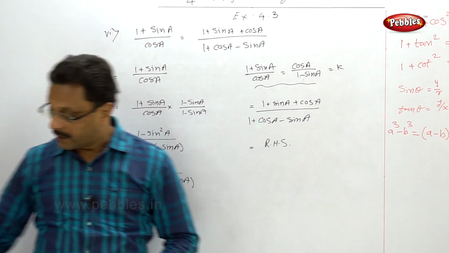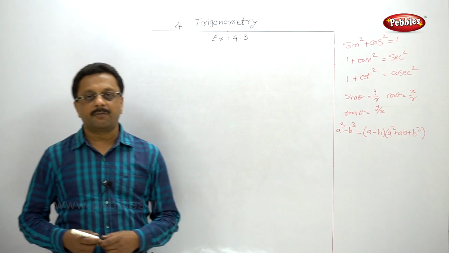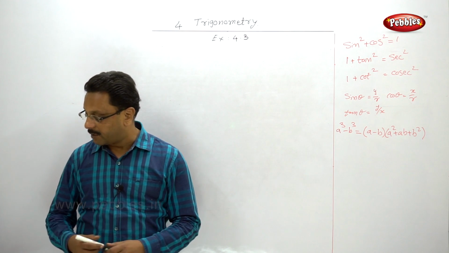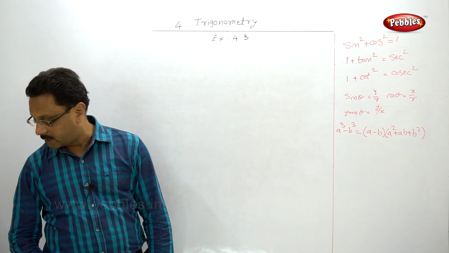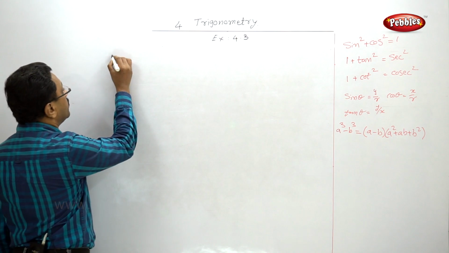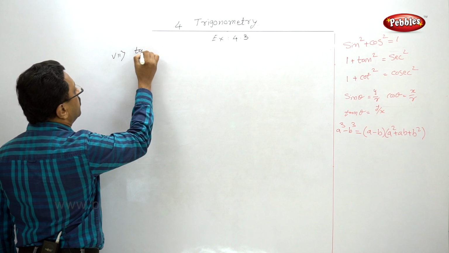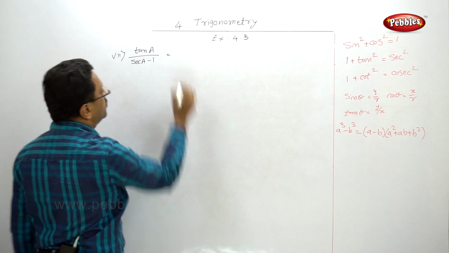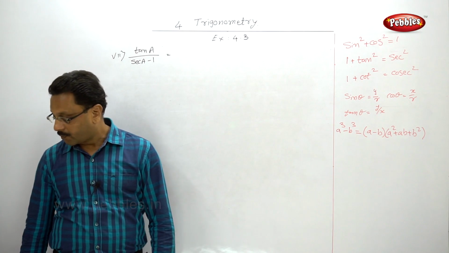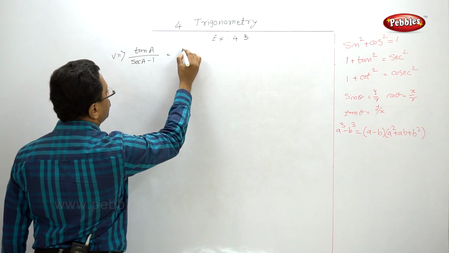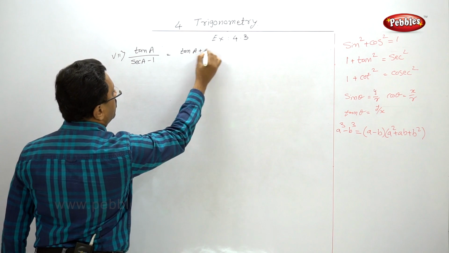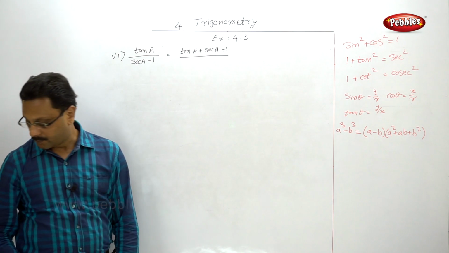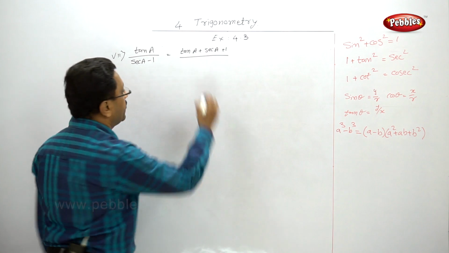Okay, let us see the next example. Seventh example is similar to this. You have to again use the theorem on equal ratios. The example is tan A upon sec A minus 1. Show that it is equal to (tan A plus sec A plus 1) upon (tan A plus sec A minus 1).